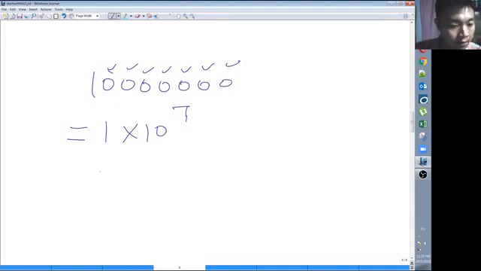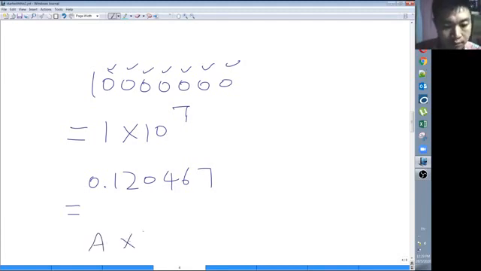Let's assume you have this 0.120467. To represent this in standard form, remember your standard form looks like this: A times 10 to the power n, and your A has to be between 1 and 10. 1 is included, 10 is not.